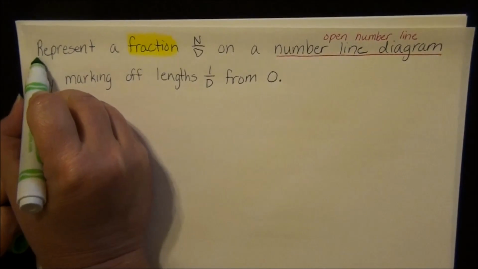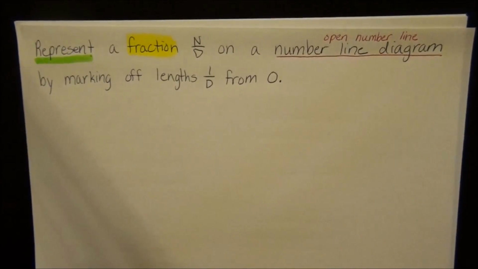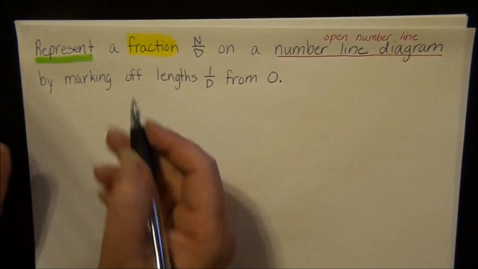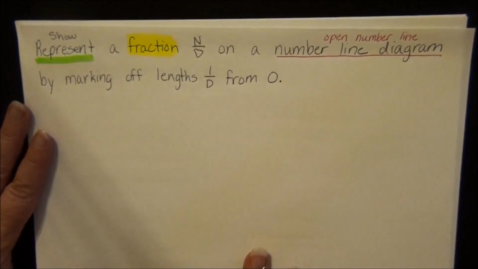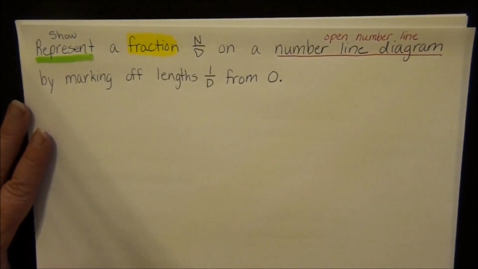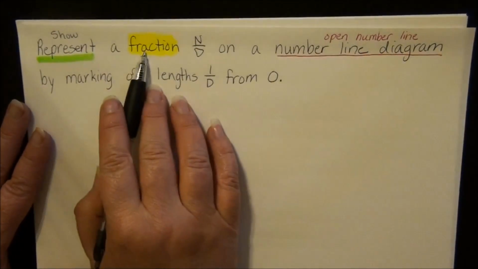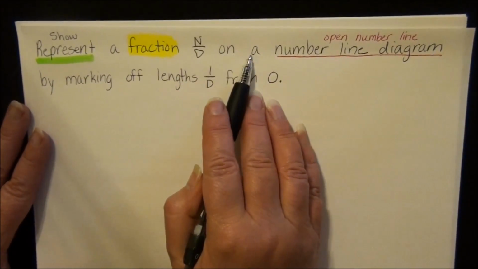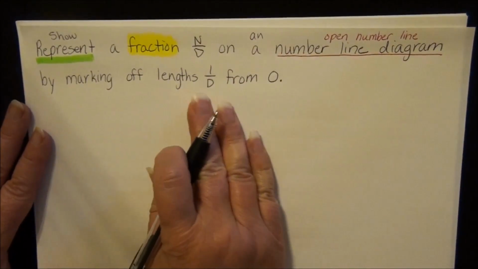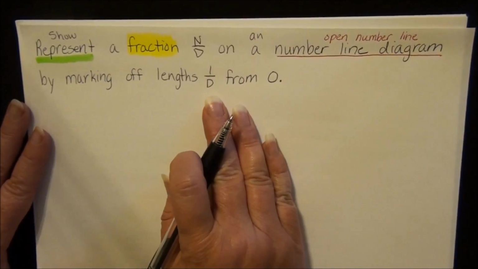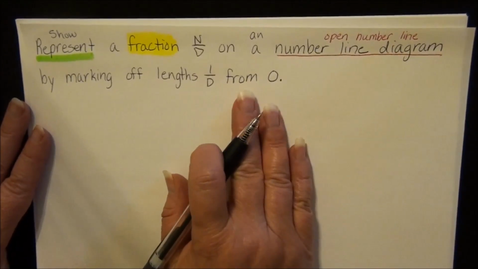So that means we are going to show a fraction. Okay, so here's what it means. Show a fraction, numerator over denominator, on an open number line by marking off lengths 1 over denominator from 0.